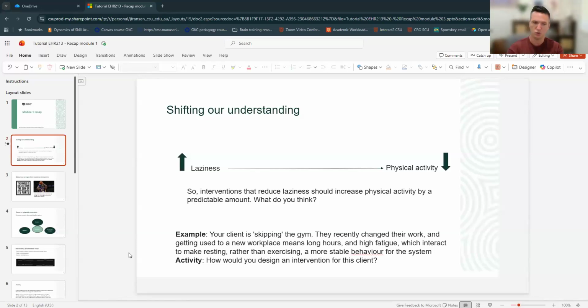How would you design an intervention that would make this particular client, who just changed their workplace, more physically active? I'll give you a second to think. You can type or unmute.